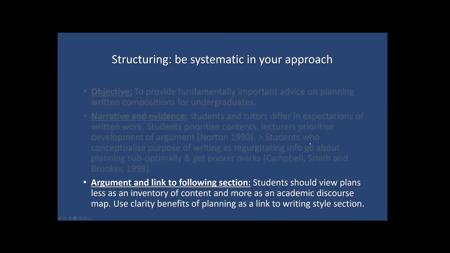So having established an objective and a narrative for the section of writing that you're working on, the next thing you want to do is think about how you can bring that section to a close by making an argument, and then signposting to the reader how you're going to move from the current section to the next section of your essay.